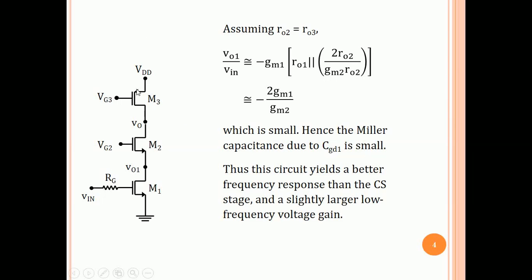It gives a better frequency response compared to the simple M1, M3 common source amplifier. So this circuit is actually used in RF circuits, where you want the 3 dB frequency to be very high. We leave it at that because we are not going to discuss RF much in this course, but this illustrates the use of this circuit.